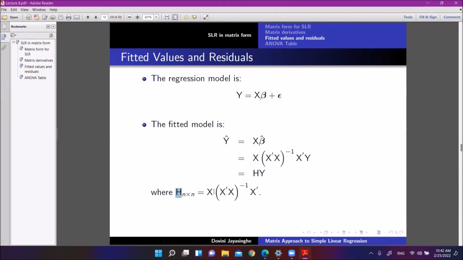Here we give this quantity a name, right? X times X transpose X inverse X transpose.